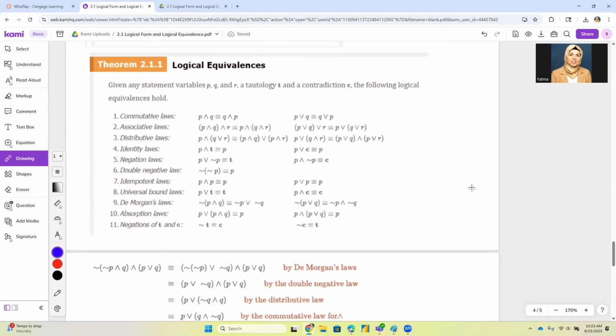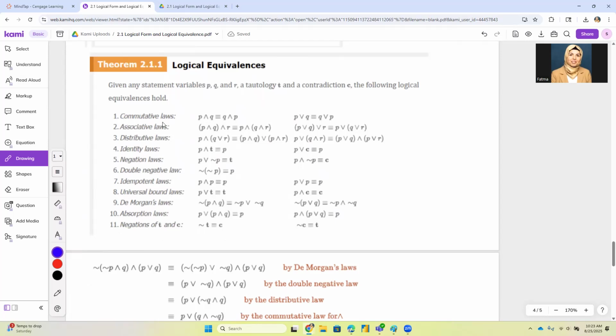Now we're going to have to learn these laws because in the homework assignment, they're going to ask you to read new words. So let's look at a theorem, which is called logical equivalences. Given any statement variables P, Q, and R, a tautology T, and a contradiction C, the following logical equivalences hold.